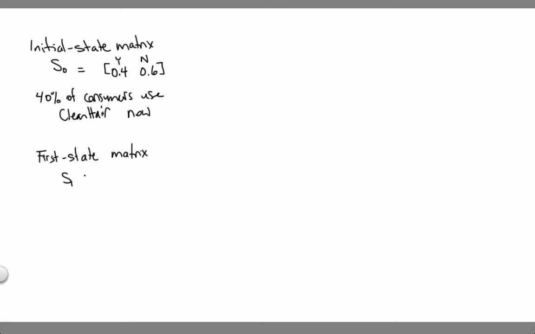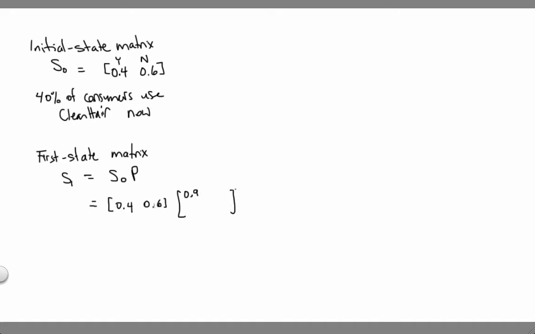Well, the way we're going to calculate that, we're going to start with our initial state matrix, which was S0, and we're going to multiply it by P. So what our transition matrix P does is it multiplies with a state to actually take us into the next state. All right, so starting state was 0.4, 0.6. And let's multiply by our transition matrix. So just remember what that looks like.